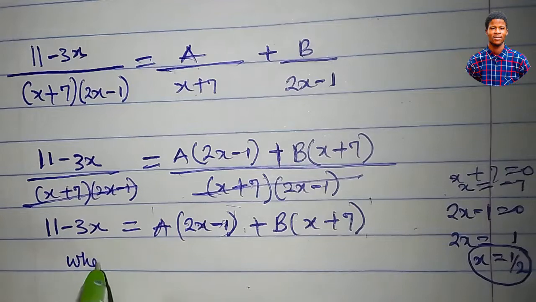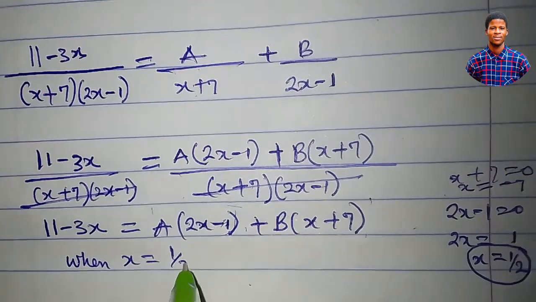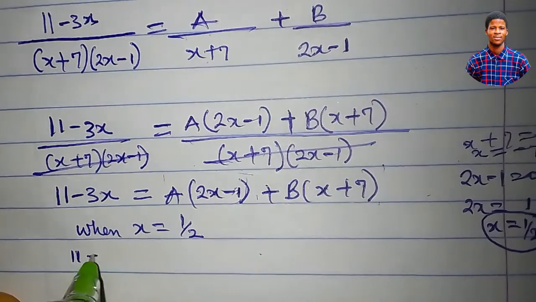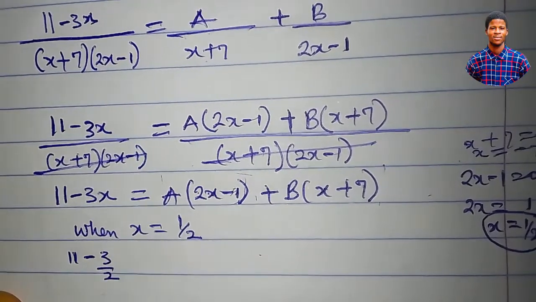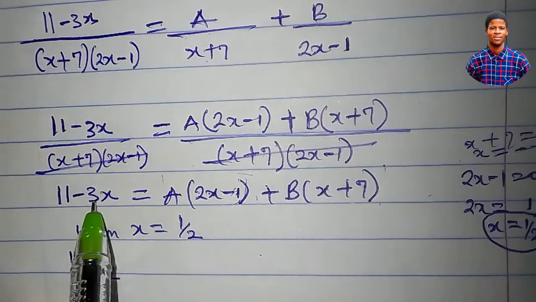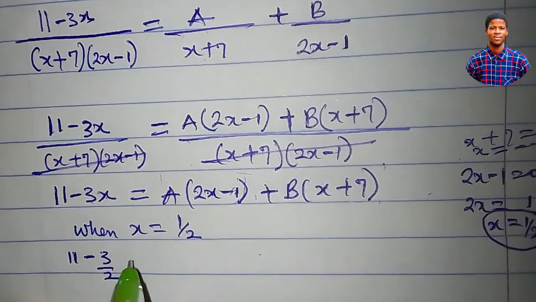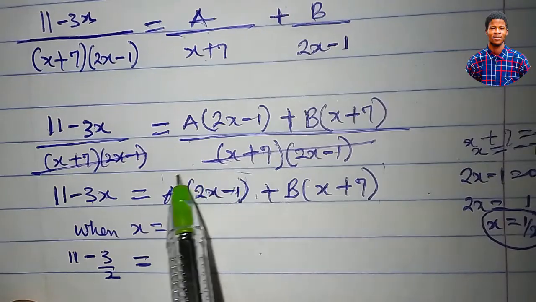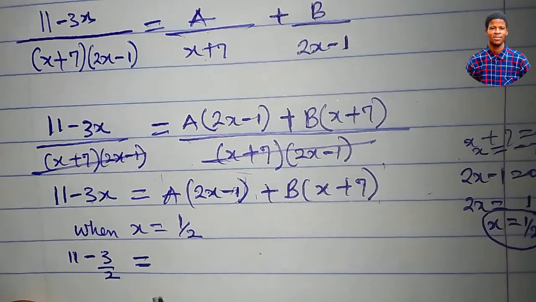So when x is equal to 1 over 2, of course, this is 11 minus 3 all over 2. Yes, because 3 times 1 over 2 is 3 over 2. It is equal to, we said that 1 over 2 here will make everything here 0, so let's bypass that.